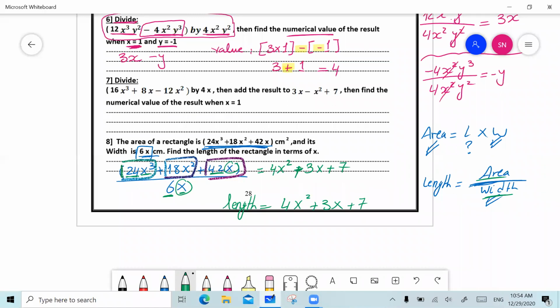Do you have any questions, prep 1? Sif Munir, he told me that 6x is the width of the rectangle.